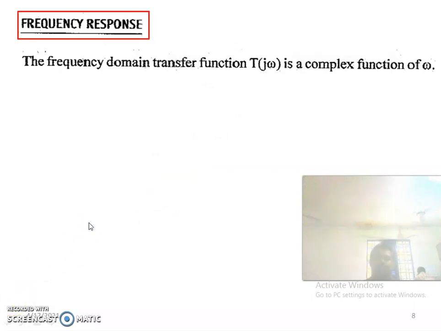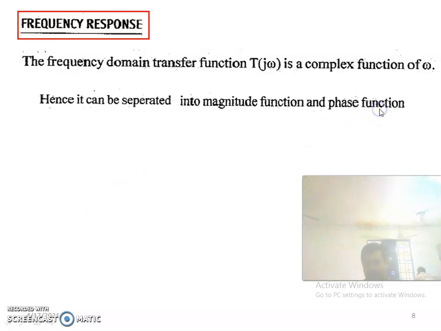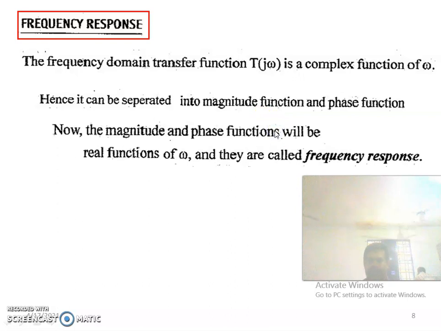Now we are going to frequency response. The frequency domain transfer function T of j omega is a complex function of omega. Hence, it can be separated into a magnitude function and a phase function. So, what is frequency response? Varying the frequency to a system and observing the response is called frequency response.